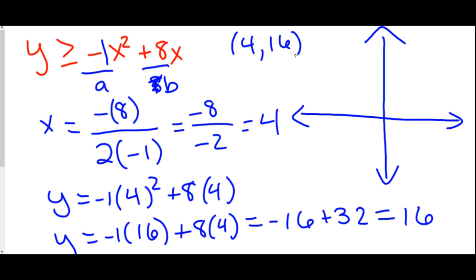We also know that since the very first number in front of x squared was negative, we're going to be facing down instead of up this time. Okay, so 16 will be all the way up here, and we're facing down. Before we draw our graph, we need to decide whether it's going to be solid or dotted lines.